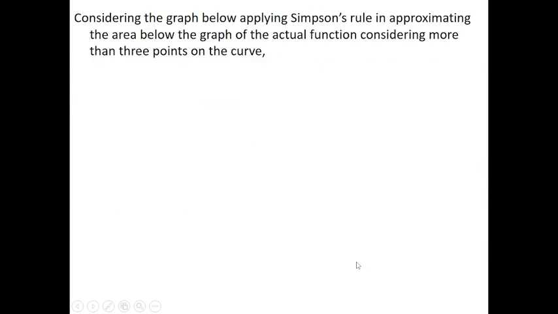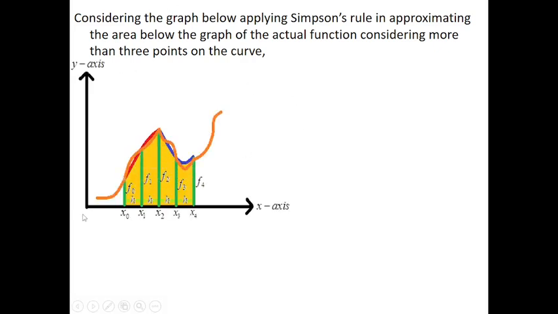Now, considering the graph below, applying Simpson's rule in approximating the area below the graph of the actual function, we consider more than 3 points on the curve. We have x sub 0, f sub 0, x sub 1, f sub 1, then x sub 2, f sub 2, x sub 3, f sub 3, x sub 4, f sub 4.